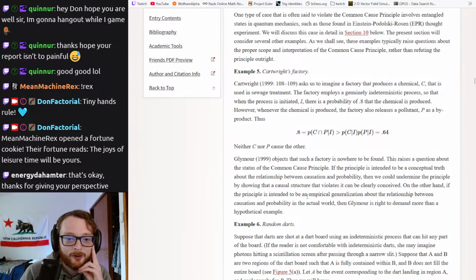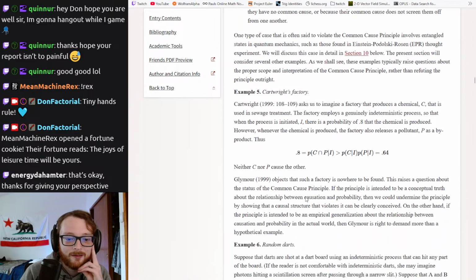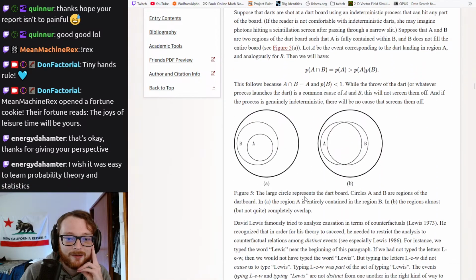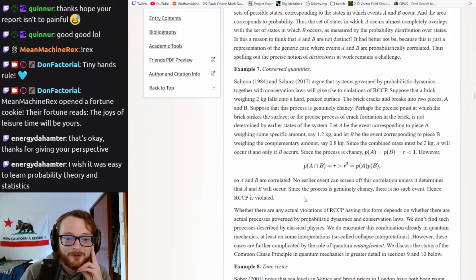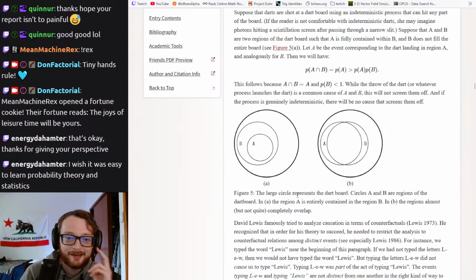I think there's something subtle that I'm missing with this. I feel like these counterexamples are very weird. Yeah, and so that makes me think that I'm missing something here.